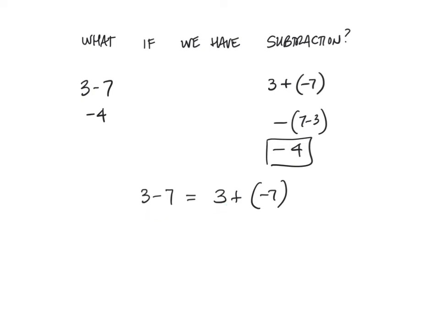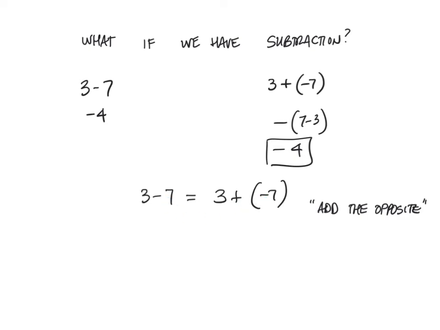The only thing that's different here is I've got a positive 3 minus a positive 7, and then here I have a positive 3 plus a negative 7. And so whenever we are presented with a subtraction statement like this, we're going to do what we call add the opposite. So we're going to change the subtraction to addition, and then we're going to change the 7 to its opposite. This is a positive 7 right now, we're going to change it to a negative.